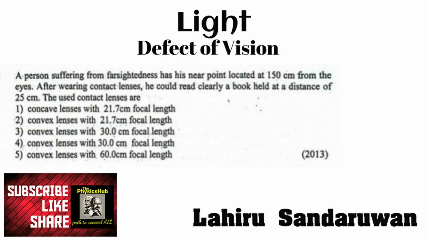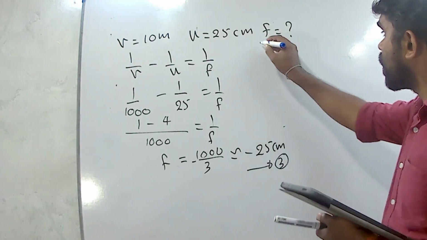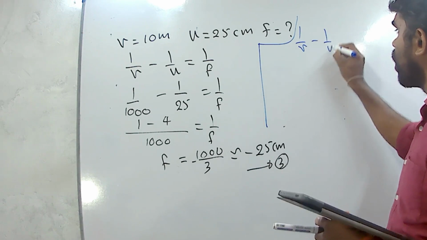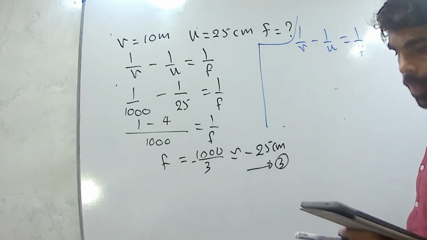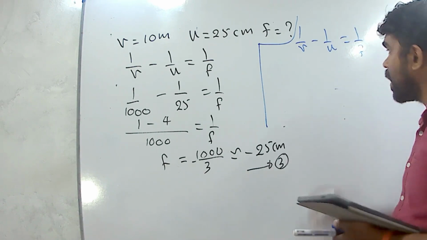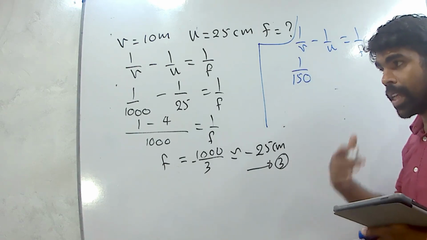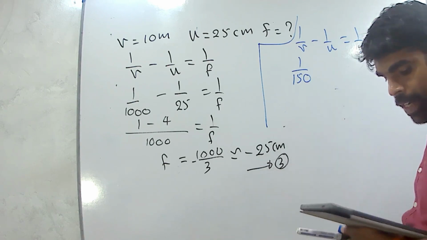A person suffering from farsightedness has his near point located at 150 centimeters from the eye. After wearing contact lenses, he could read clearly a book held at a distance of 25 centimeters. Again we have to use the lens formula. 1 over v minus 1 over u equals 1 over f. An image should be formed at his near point of distinct vision, 150 centimeters.